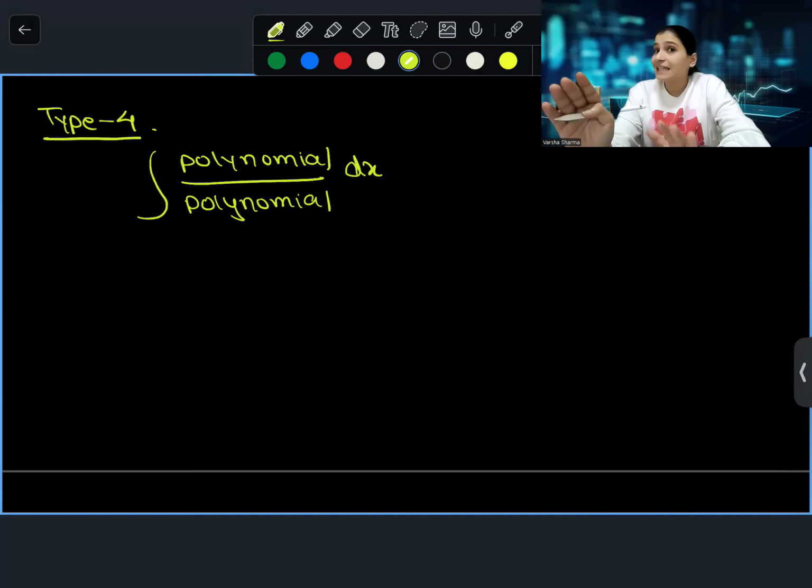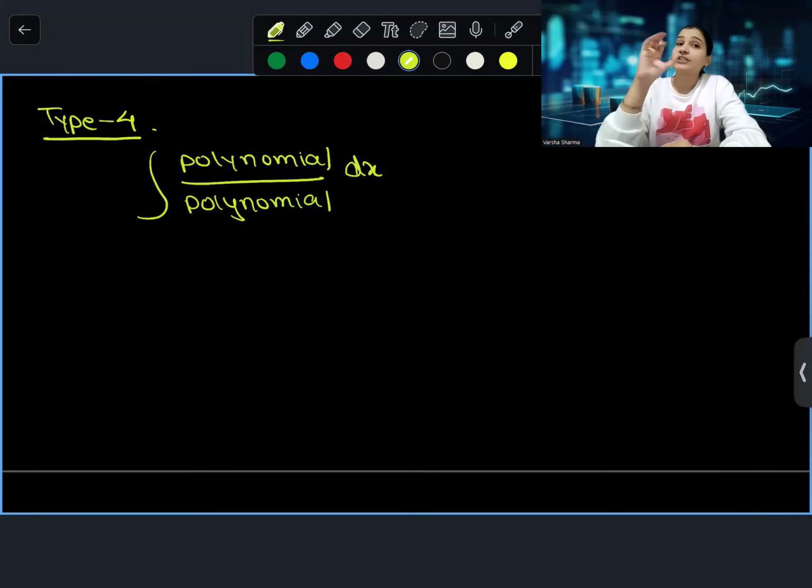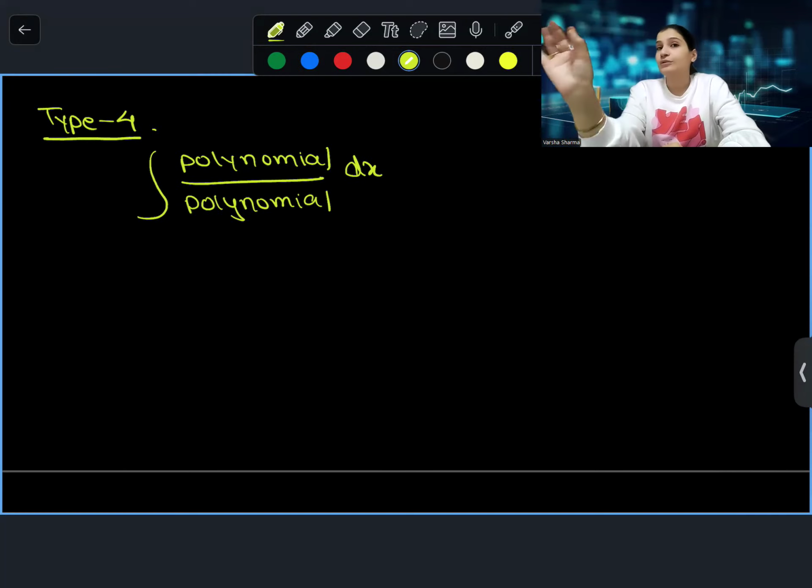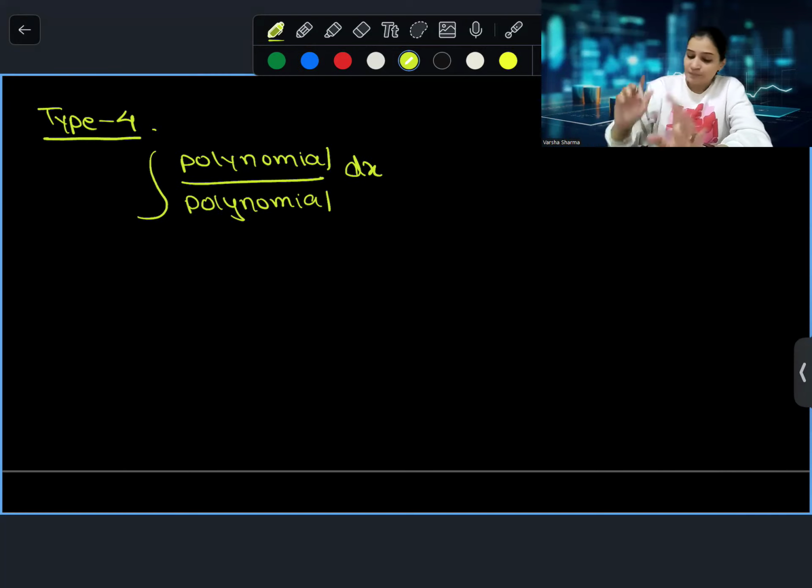So a polynomial is that algebraic expression where the power of the variable has to be a whole number. You cannot have fractions, decimals and roots. So if we are dividing two polynomials, then what will we do? There are two varieties. Please understand first. Case 1.